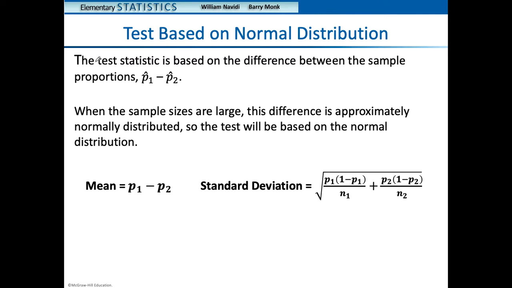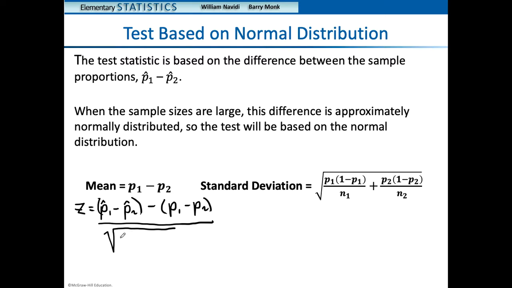So like what I was saying, because it's based on the normal distribution, the test statistic is the random variable p1 hat minus p2 hat, minus the mean, which is p1 minus p2, divided by the standard deviation, which is the square root of p1 times 1 minus p1 over n1, plus p2 times 1 minus p2 over n2.